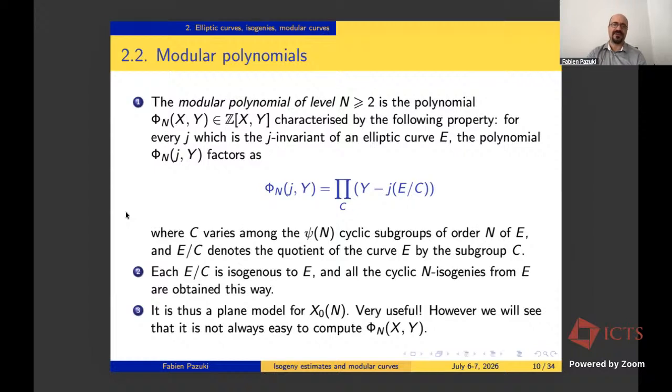They're very big, and that's something we need to understand. What are the coefficients? It seems very useful to have a polynomial describing what the moduli space is. However, how big is the polynomial? This is also a concern for us. We want to know that.